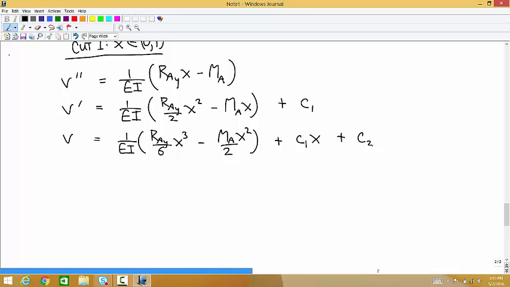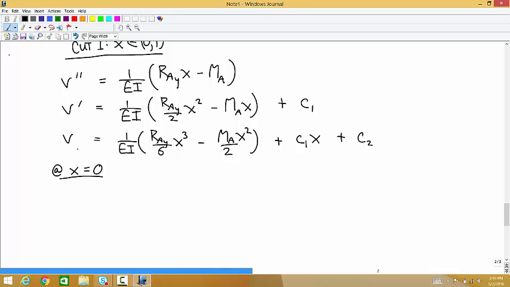Okay, we can try to solve for those constants using what we know about the end conditions. So this is just the first cut, so we can't do anything with the end conditions when x is equal to 4 here because this function isn't valid for x equals 4. But we can use this function to deal with our boundary conditions at the left end.